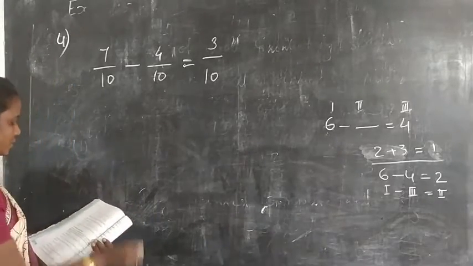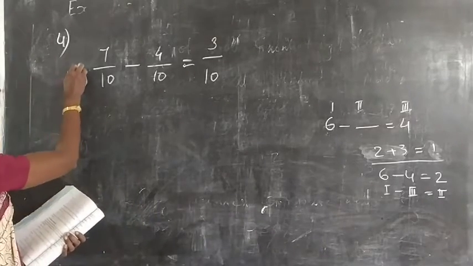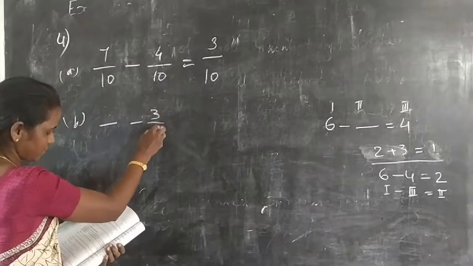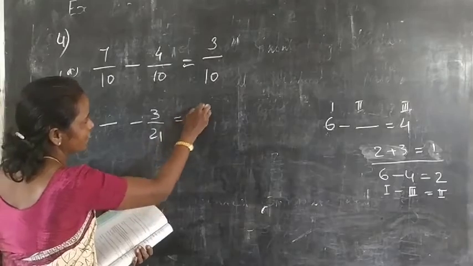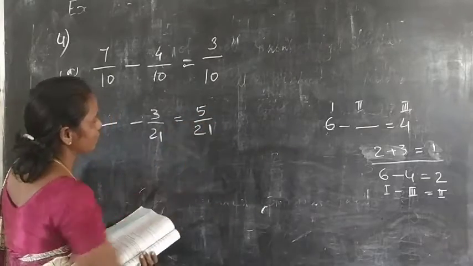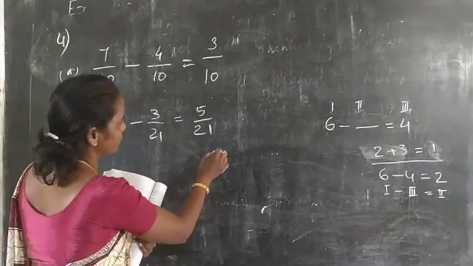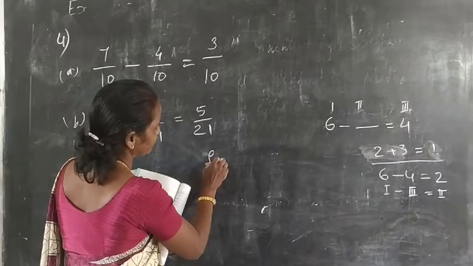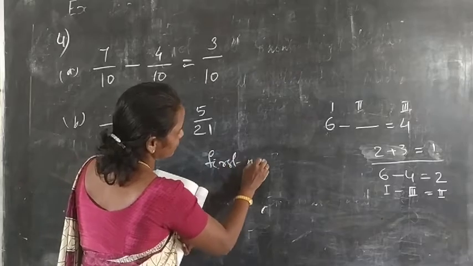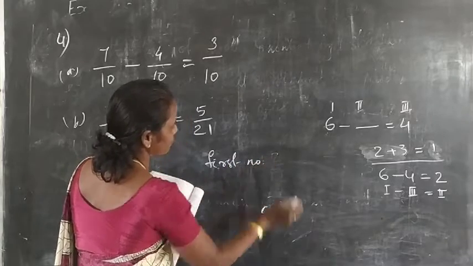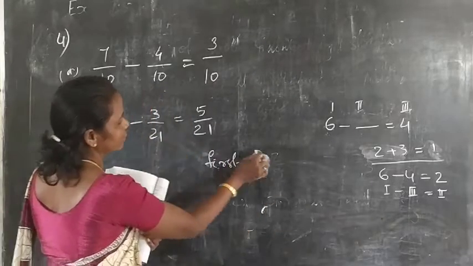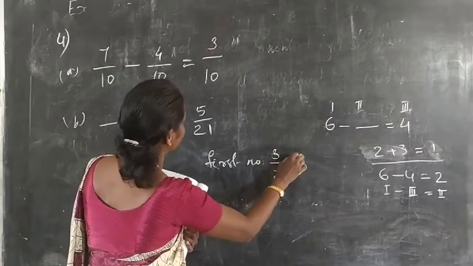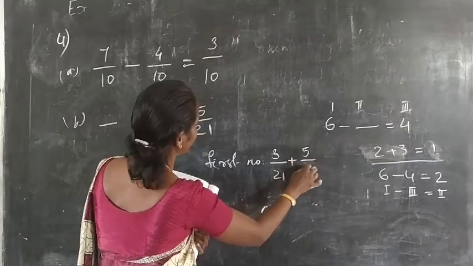Third, here B look. The first number is not given. First is not given, minus 3 by 21 is equal to 5 by 21. How to find the first number? The first number is equal to the second number plus the third number.